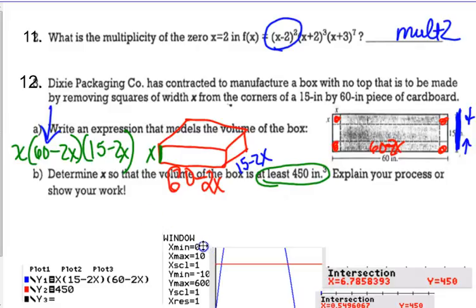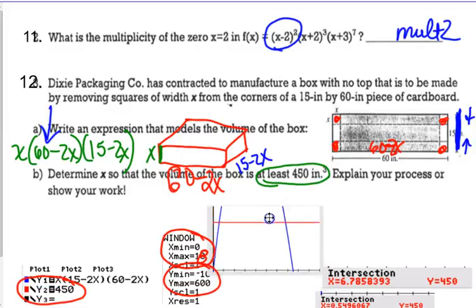So I set up my window. I did 0 to 10, but you could have done 0 to 8. All right, for the X. If we wanted to hit 450, I put in my Y sub 2, 450. Does that make sense? So it's going to draw a horizontal line. So my Y value had to go up above 450. I graphed it.